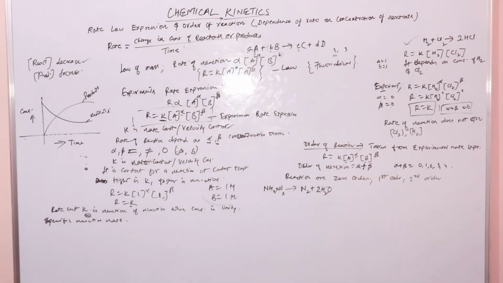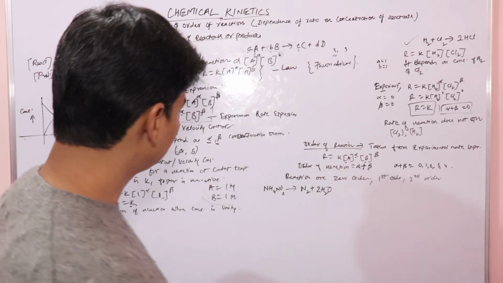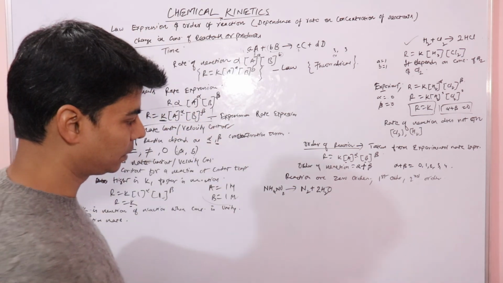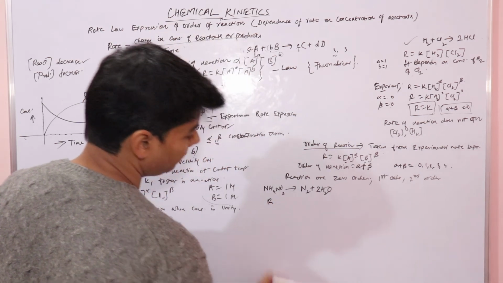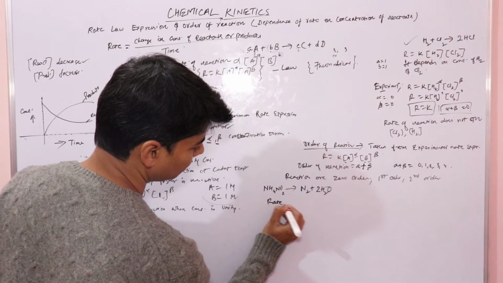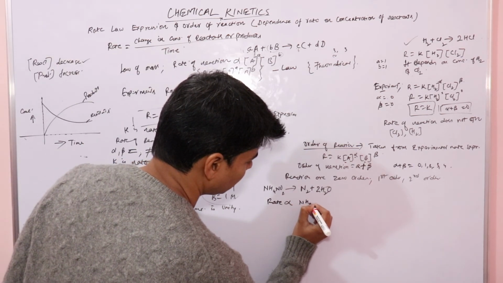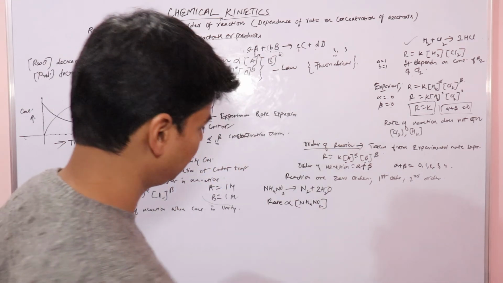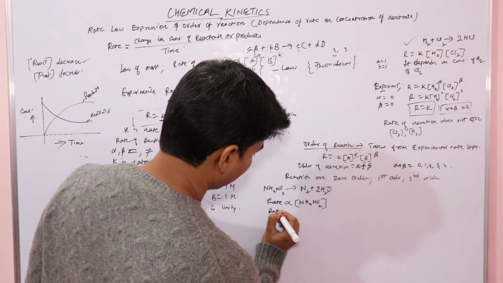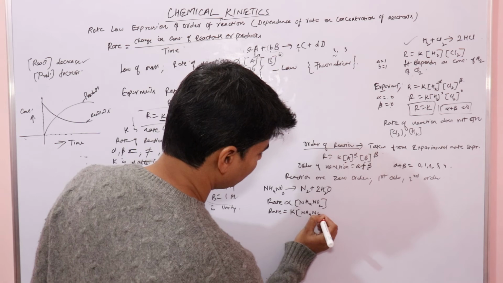Now let's write the experimental rate expression. Experimentally we found that the rate is directly proportional to ammonium nitrite, or rate is equals to K ammonium nitrite.